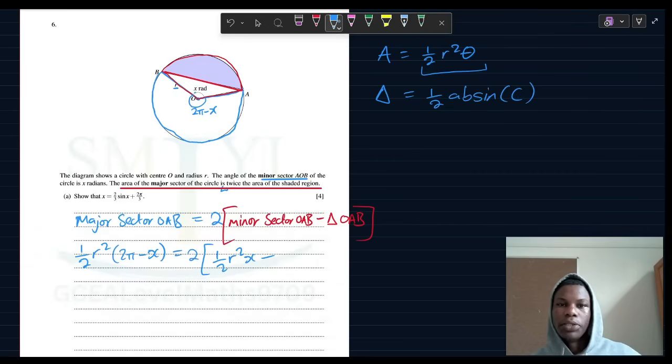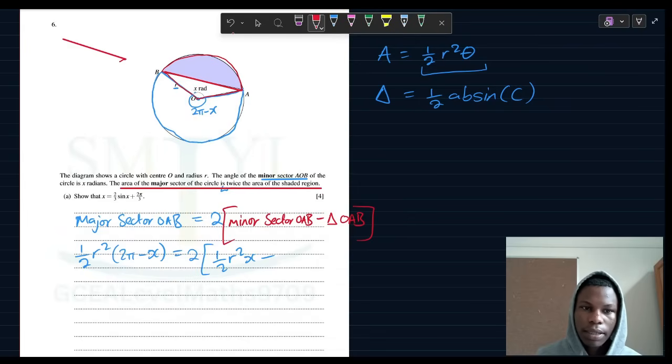So that means you need the angle between two sides of a triangle as well as the lengths of those two sides. So in this case, if we look at our triangle, let me just draw it on the side. We're looking at something like this, where both these sides are r.